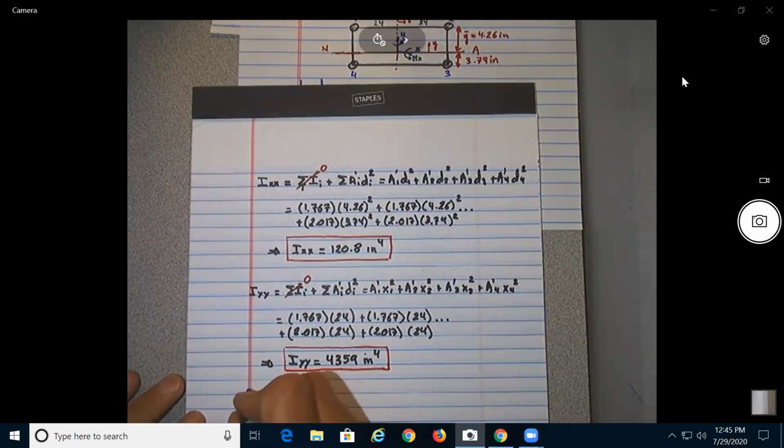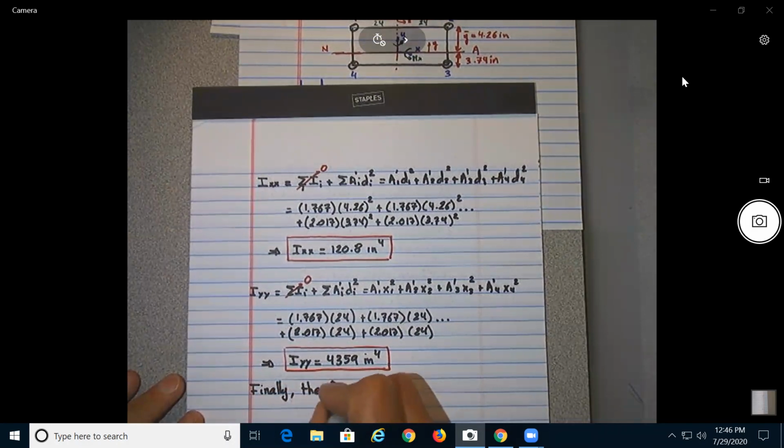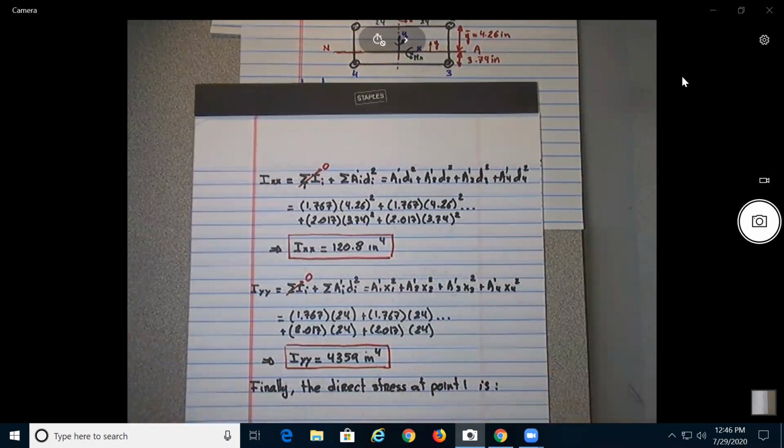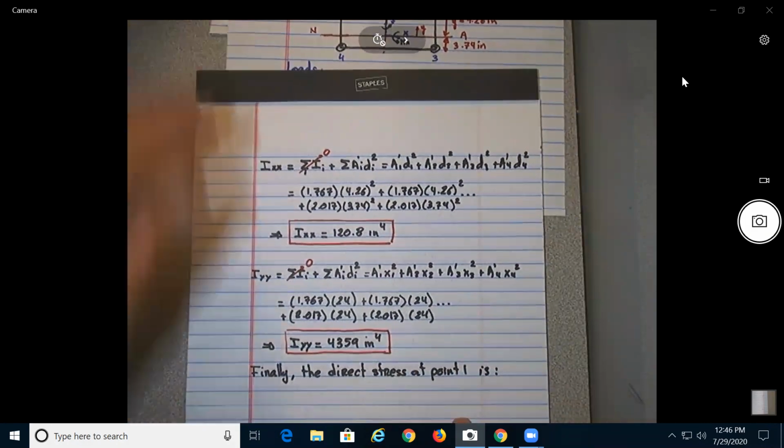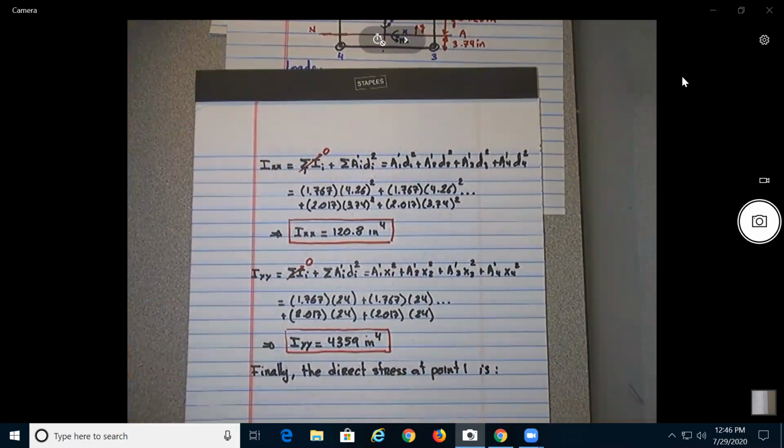Okay, so finally, the direct stress at point 1 is, and I'm going to rethink about it, because let's see if I can do this correctly. Let's just relook at the expression we had before, sigma z at 1.